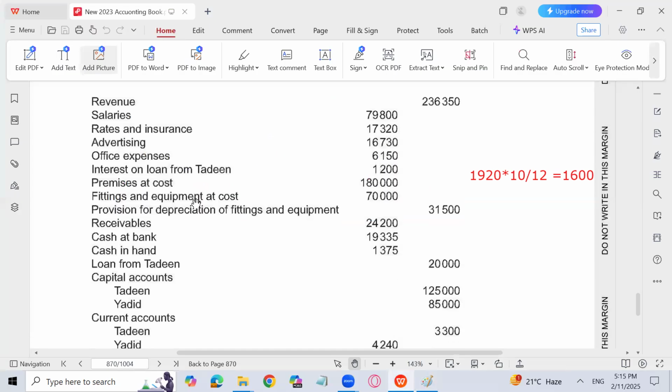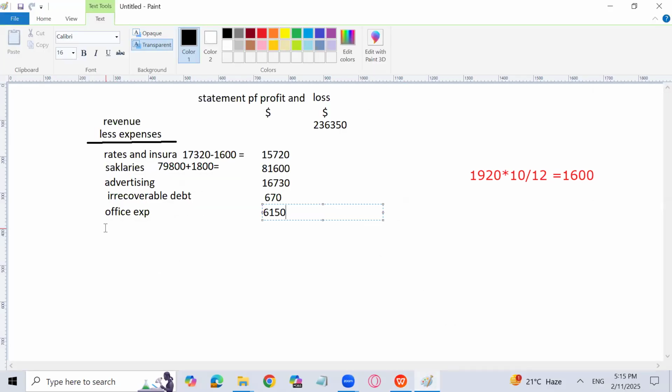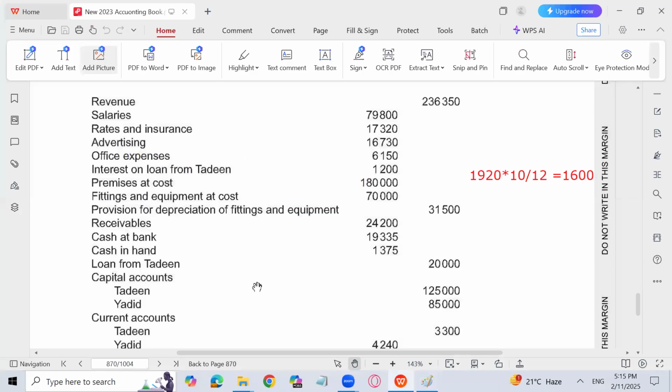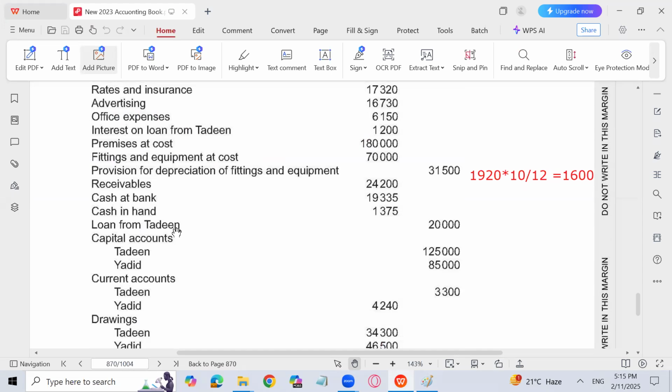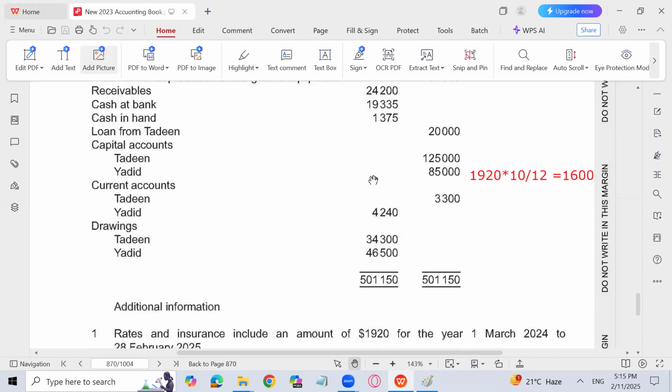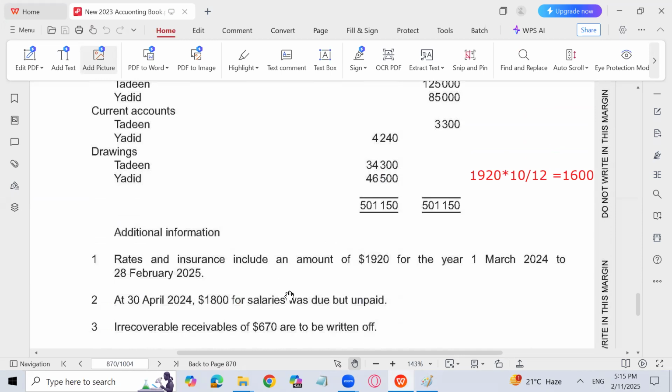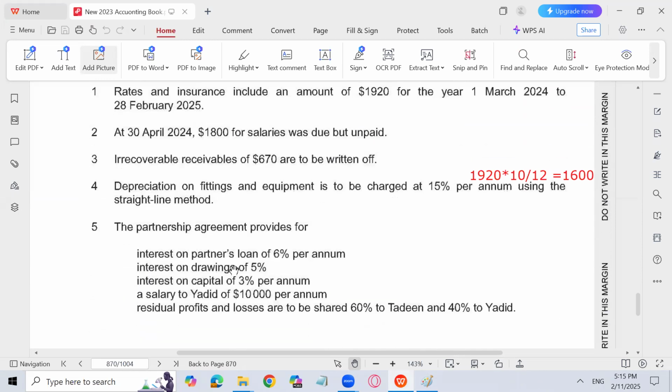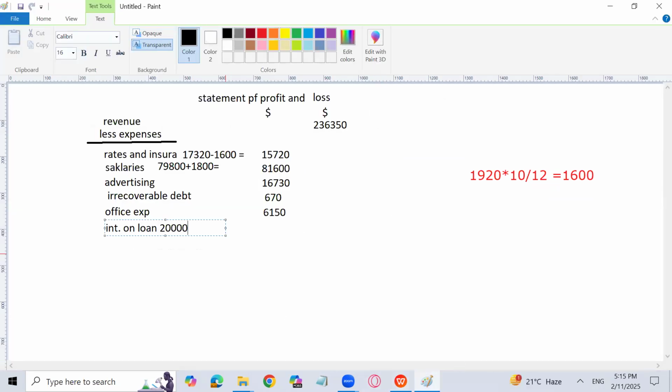Then interest on loan. That is also going to be written under the heading of expenses, and I will show you how I am going to write the interest on loan. See, interest on loan is 1200, but you will not just write 1200. Why, sir? Because the loan from Tadeen is 20,000 and the interest which is supposed to be paid on this loan is going to be 6%. So 20,000 multiplied by 6% is equal to 1200.